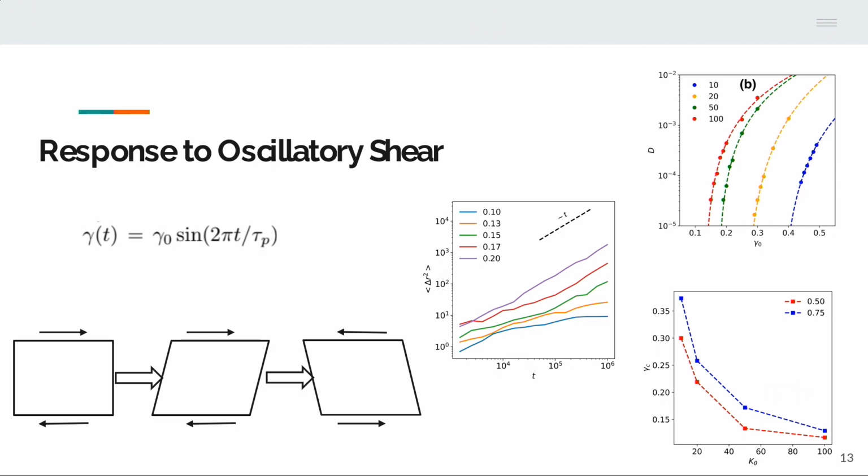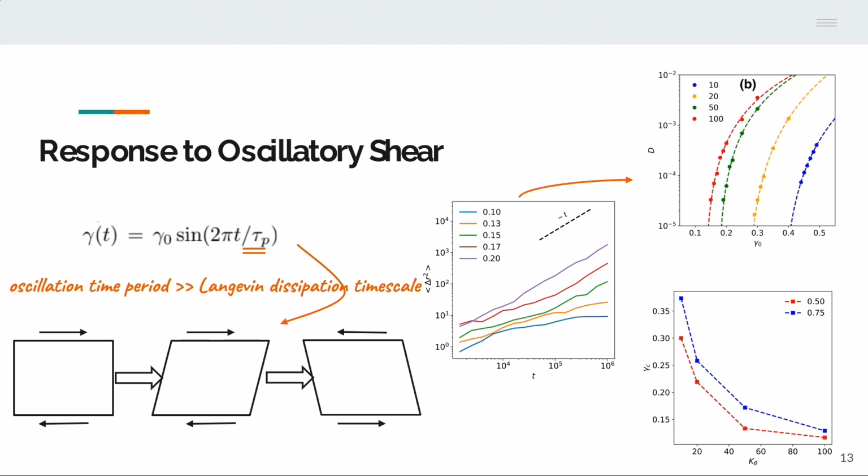Now, if we instead have an oscillatory shear, something like this, where gamma 0 is the strain amplitude, and we look at the mean square displacements for different values of gamma 0, we see that at low values the system gets stuck, and beyond a threshold value of the strain amplitude, it is diffusive.